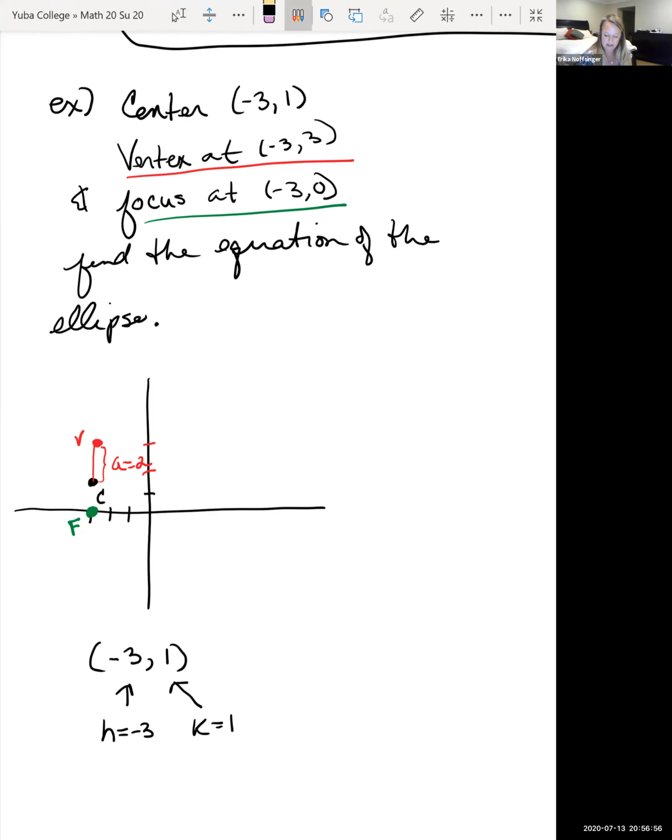Our focus gives us our C value. From the center to our focus is our C value. And so that is just 1. So we know what A is and we know what C is.